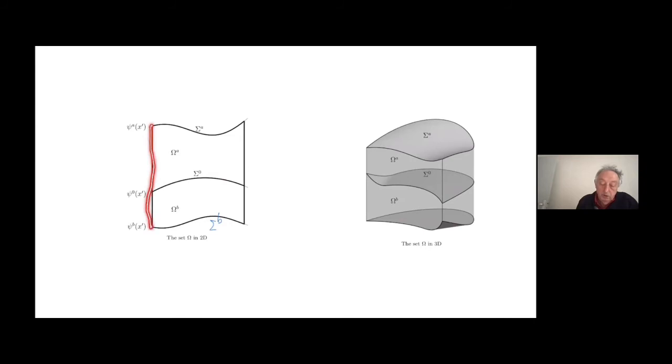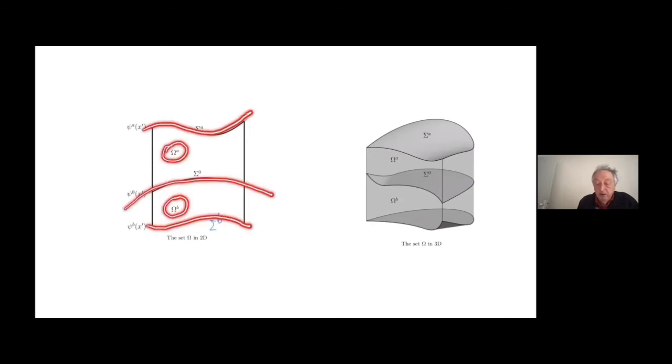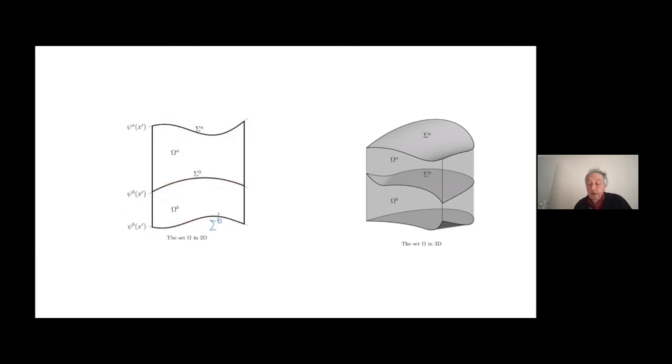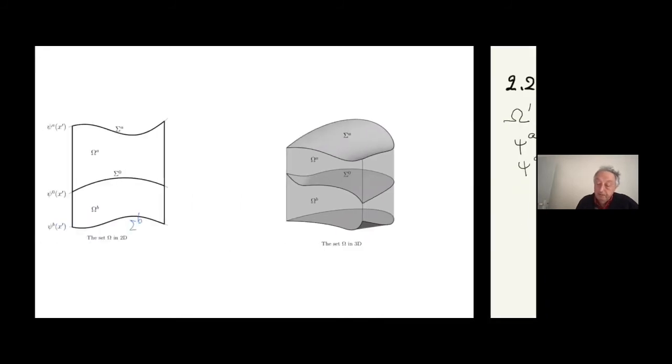Here, the lateral boundaries are vertical, and there is an interface sigma 0 between omega A and omega B, and the bottom boundary and the above boundary, sigma B and sigma A. This is the same thing in dimension 3 or in dimension n in general.